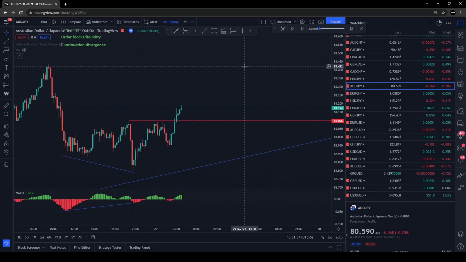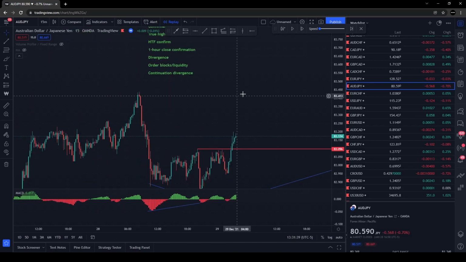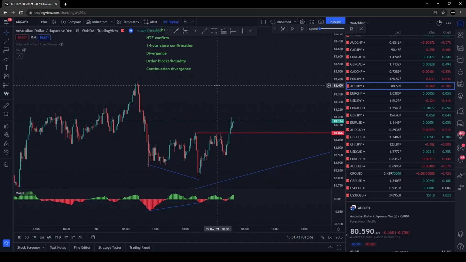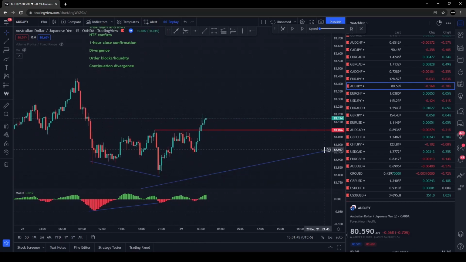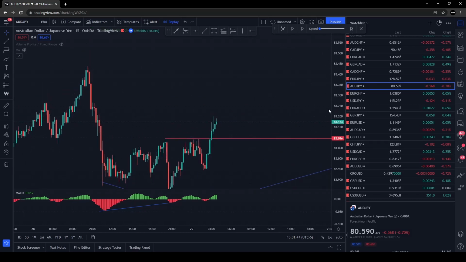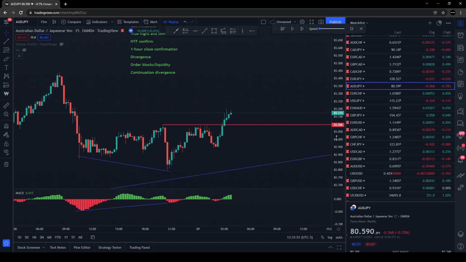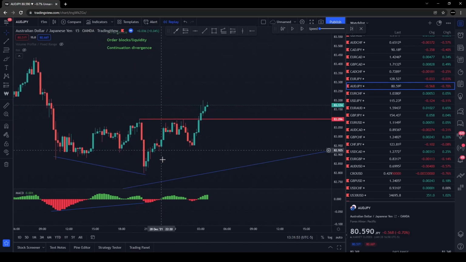After I confirm the divergence, the next thing I do is look for order block and liquidity, and that is another confirmation. This is less of a confirmation and more of a spot to look for to enter, but I still like to confirm the spots where we are looking to enter.